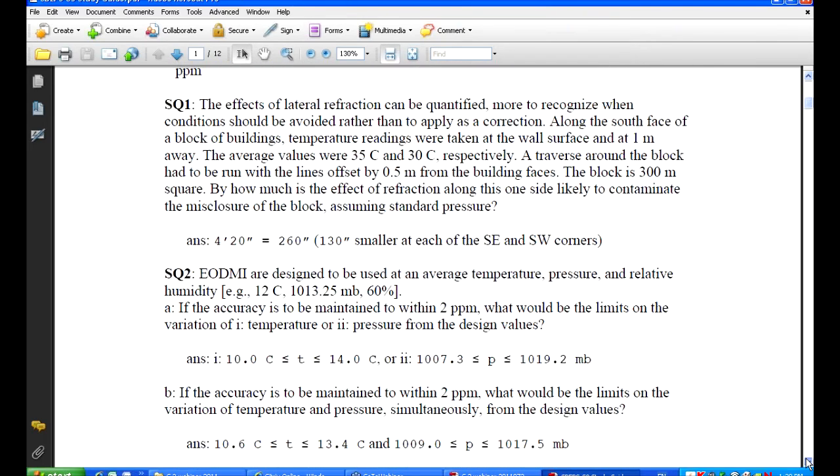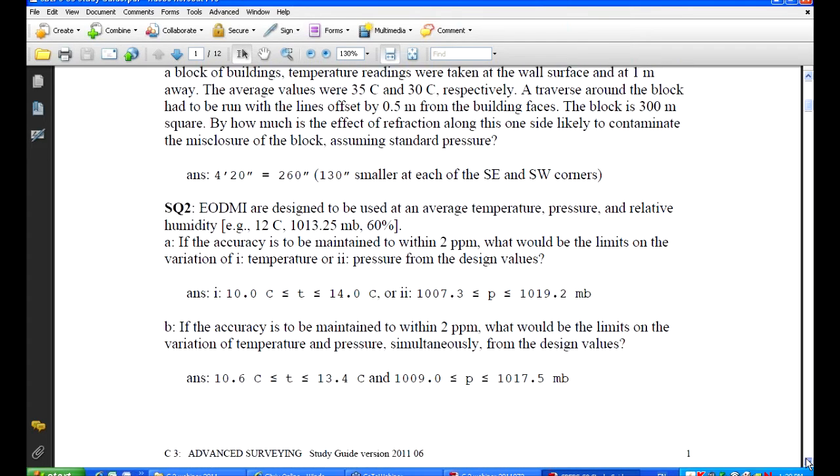So study question 2 is basically asking, if you have the calculation of refractive index and want to find out what variation in temperature from a design value we would then have to worry about for the meteorological correction.